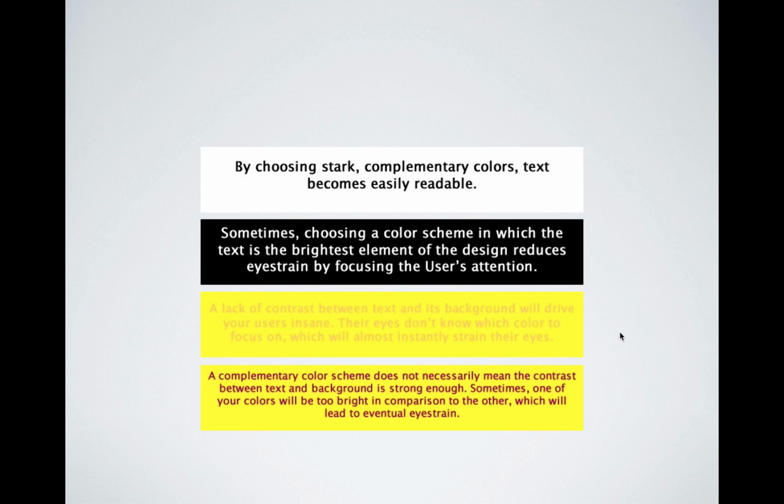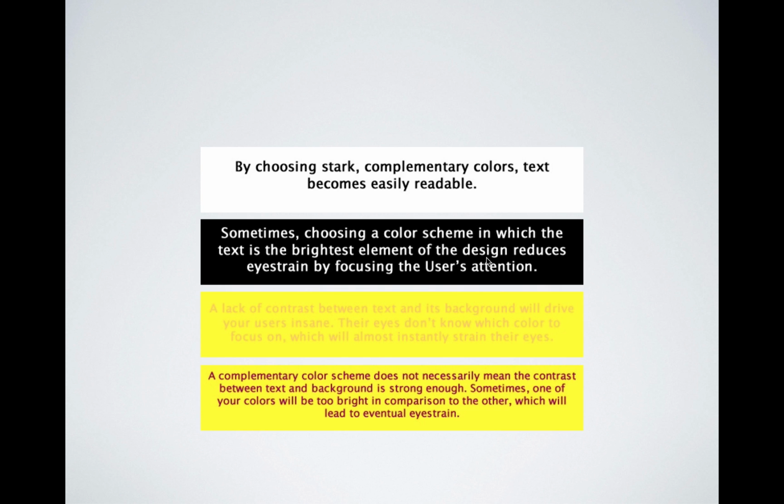This is my example of how color interacts with text on a website. If you can see the white background, by choosing stark complementary colors, text becomes easily readable. Black over white, it's easy to read, and white over black.